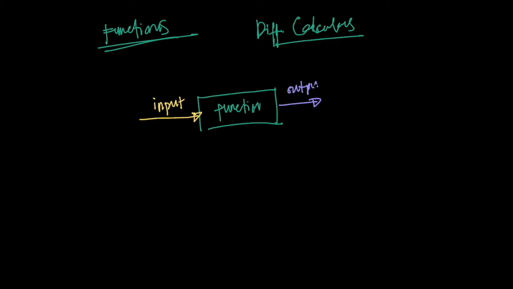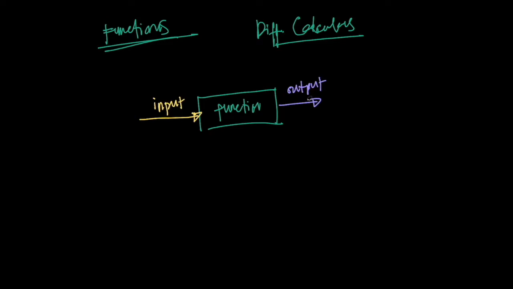As you can see with this diagram, a function is just a special relationship between an input and an output. You process the input using a function and you will get your desired output.